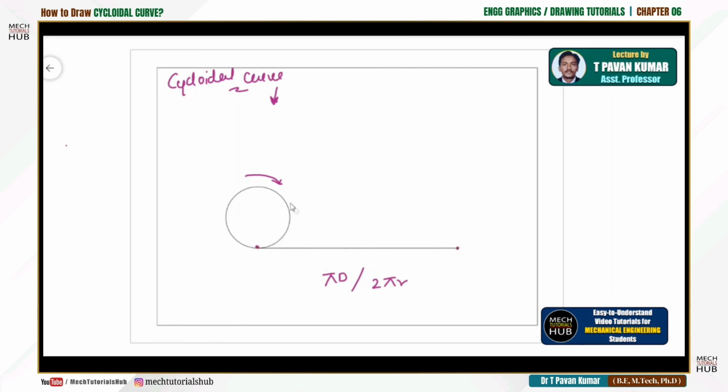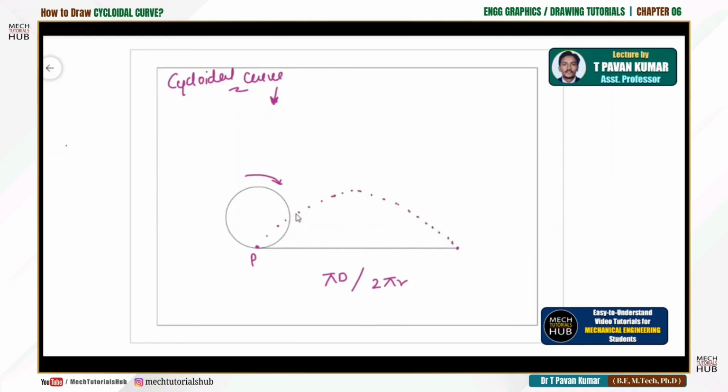While traveling from the initial position to the final position, this particular point, let me call it P, will trace a number of instances. This particular P will make a mark of its own at every instance. It will come down slowly and reach the destination point.